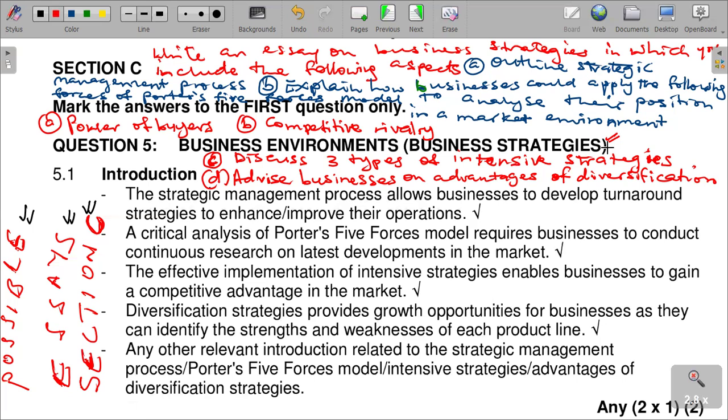And then you can just choose any of those. Amongst the different items quoted in the introduction, you can choose any one of them.